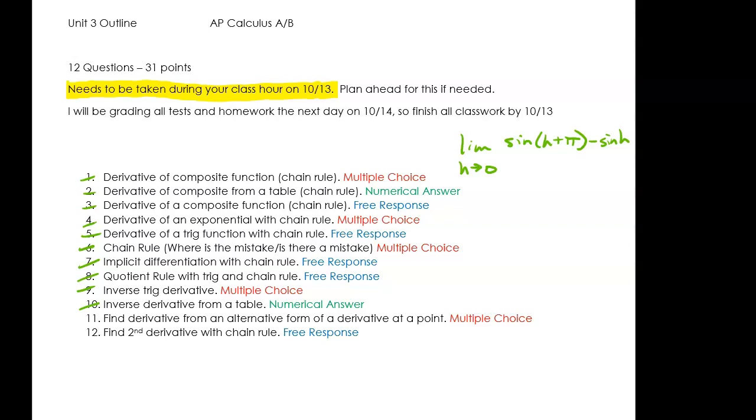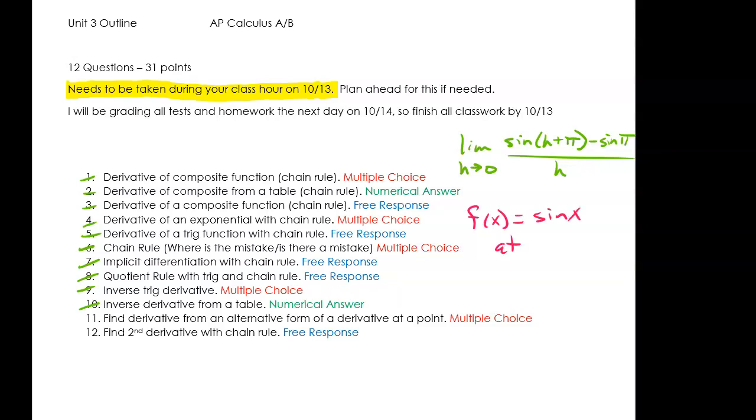No, that should be pi. So this is an alternative form of the derivative at a point. If I'm looking at this problem, in my head, I automatically know that the function that's being referred to is sine.